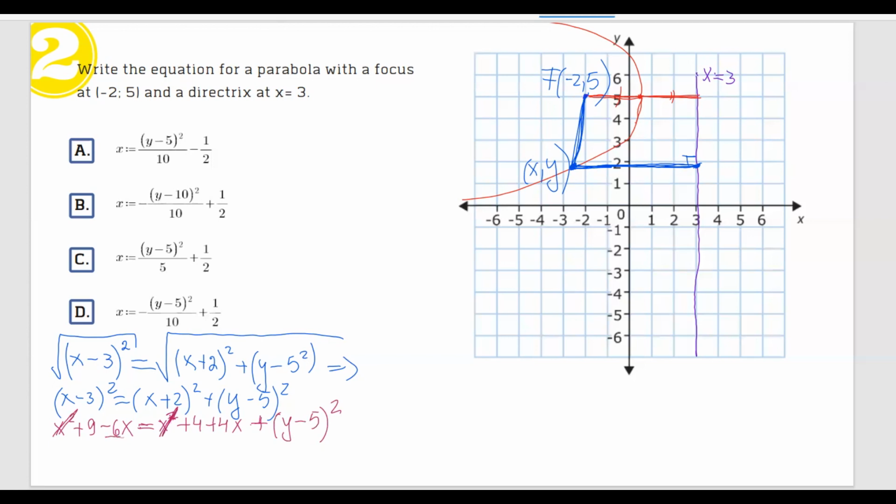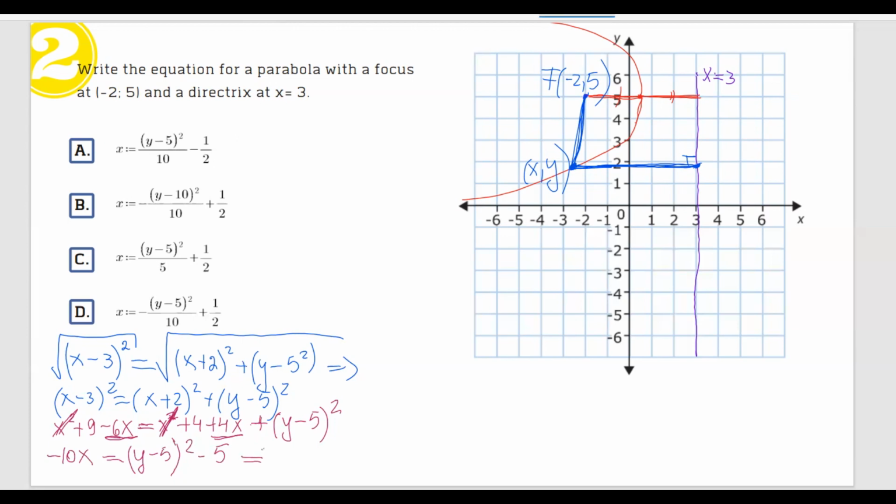And we have minus 6x on one side and plus 4x on the other side. If we take this 4x to the other side of the equal sign, it becomes negative. So we're going to have minus 10x equals (y minus 5) squared. And we're left with 4. If 9 goes to the other side, it becomes negative. So we're going to have minus 9 plus 4, which is minus 5.